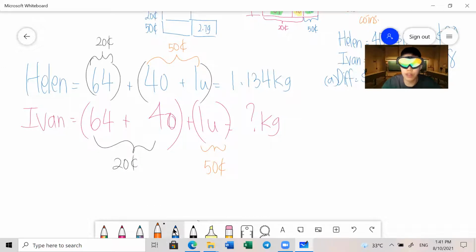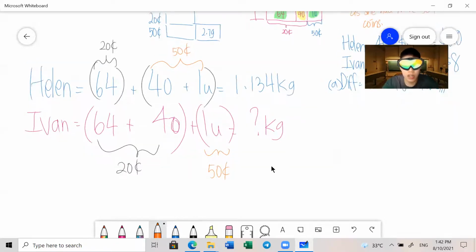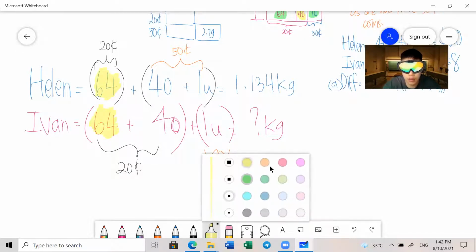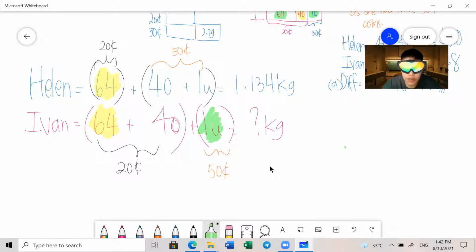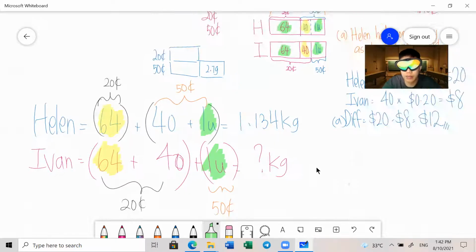So what can we infer from this? Very simple. We talk about mass. Now, I'm going to highlight it in yellow. 64 20-cent coins should have the same mass as the 64 20-cent coins. 1 unit of 50-cent coins should have the same mass as the 1 unit of 50-cent coins from Helen.